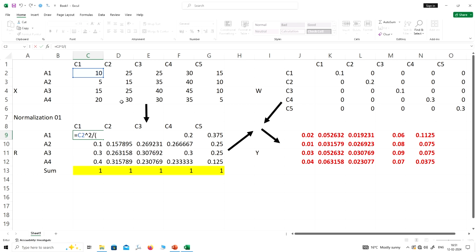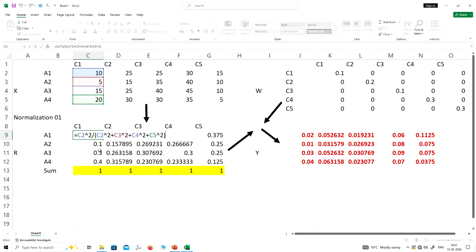divided by, not the sum, but this square: 5 square plus square of 15 plus square of 20.